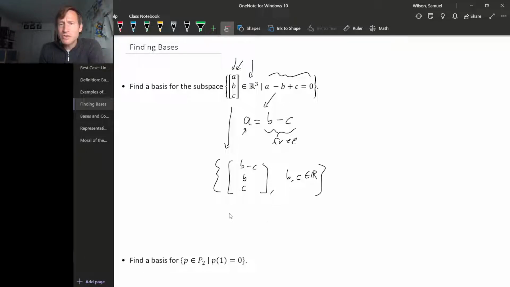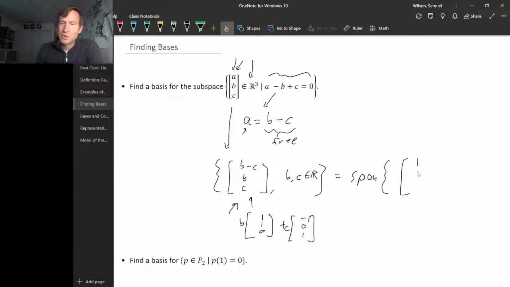Okay. Now that we've written it this way, we can play our usual game. We could write this as (1, 1, 0) times B plus (-1, 0, 1) times C. Right, that's the same as this vector. So that shows us that this subspace we're working with is spanned by the vectors (1, 1, 0) and (-1, 0, 1).